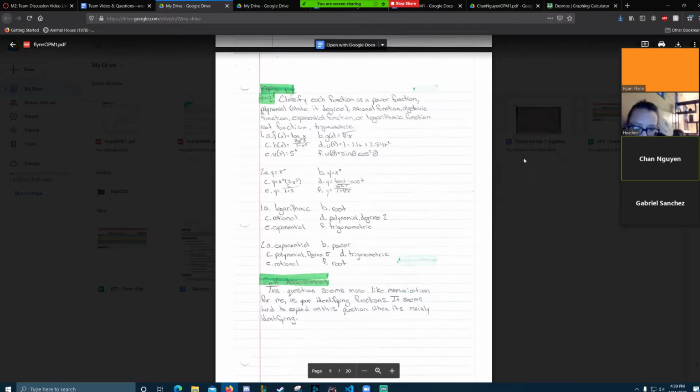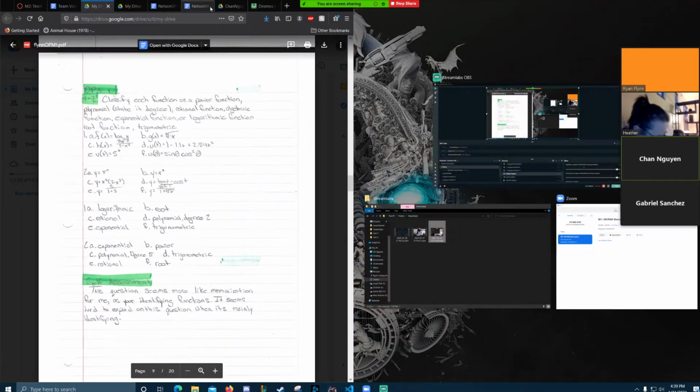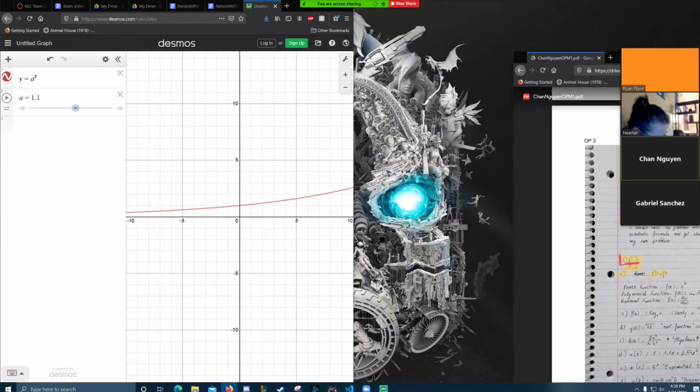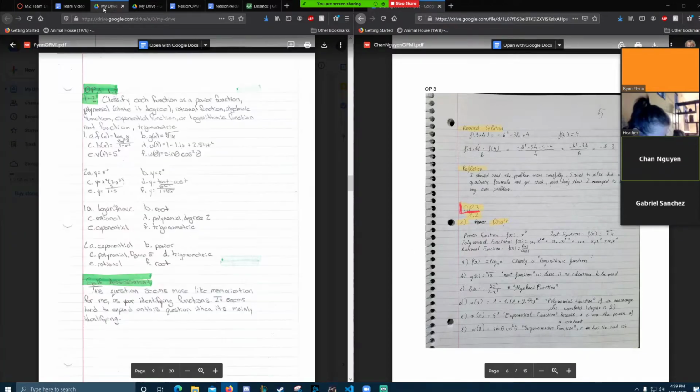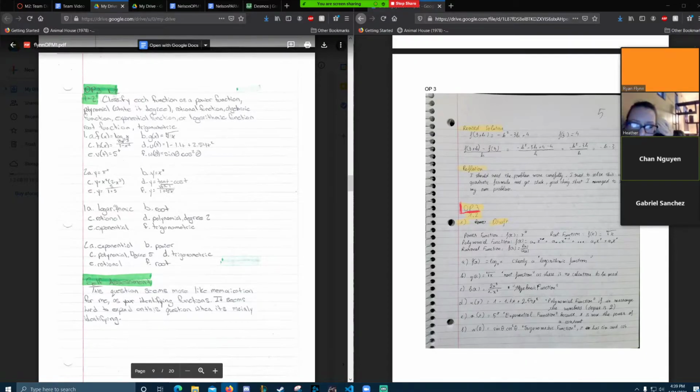Okay. Let me compare them side by side real quick. Here's mine, and here's yours. Logarithmic, root, algebraic. Let's see, C, algebraic. I got algebraic for C too.